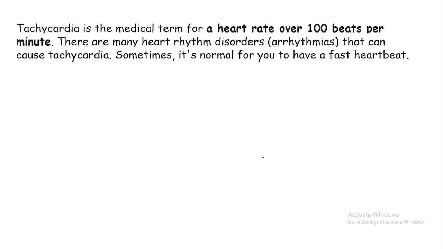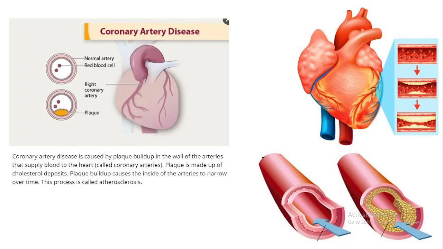Sometimes it's normal to have a fast heartbeat, like I told you, when you're into high physical activity or highly excited or anxious about something; that's when normally the heart rate increases. The reasons for that are different; there are different neurotransmitters that make this happen. But if over a prolonged period of time the heart rate stays above 100 beats per minute, then the condition is called tachycardia.